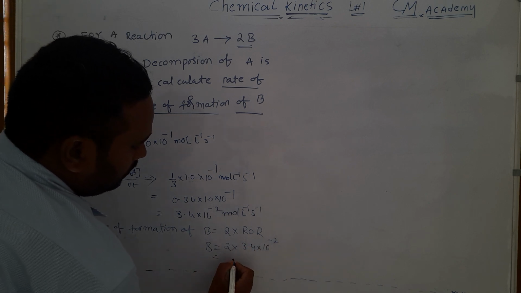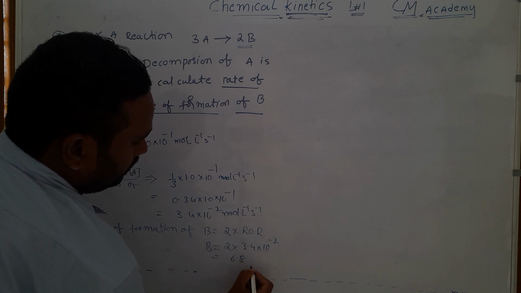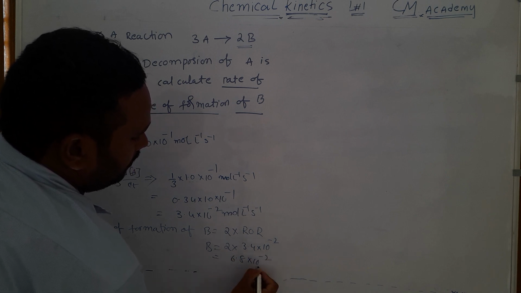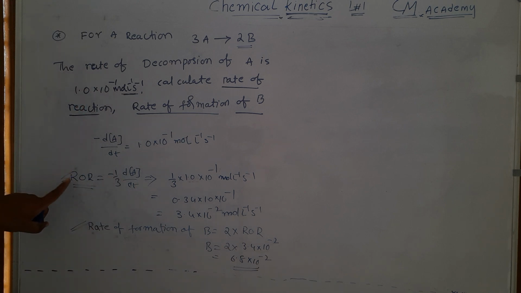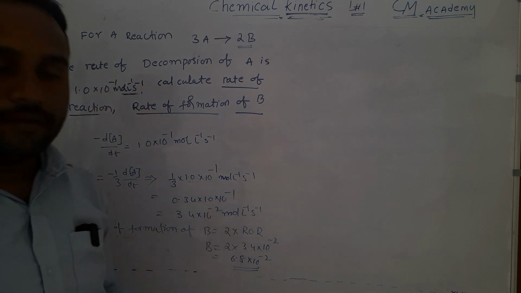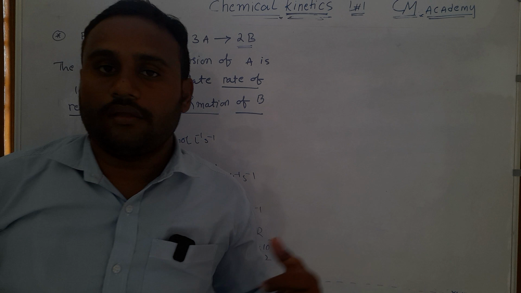Therefore, 6.8 into 10 power minus 2. This is the solution for the rate of formation and rate of reaction relations. Okay, thank you for watching.